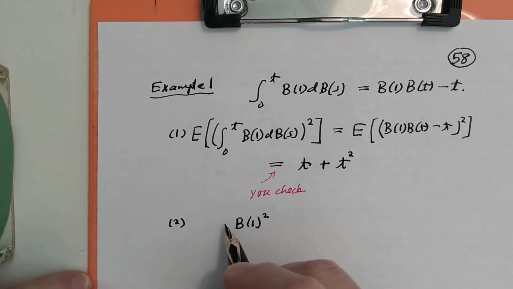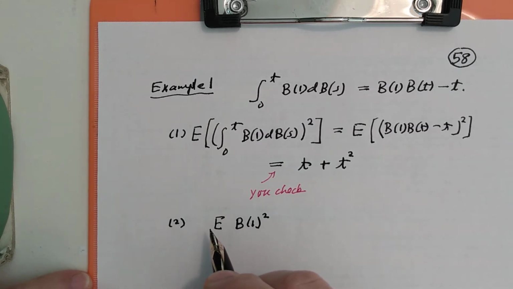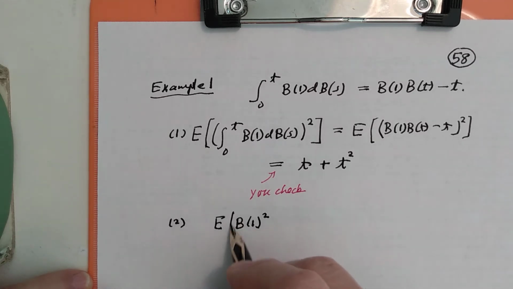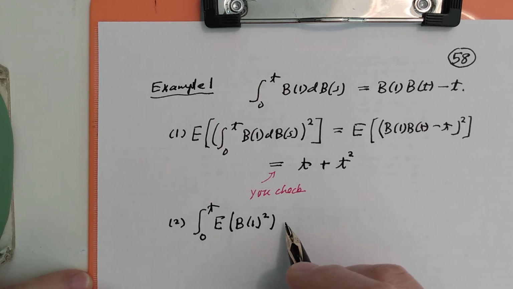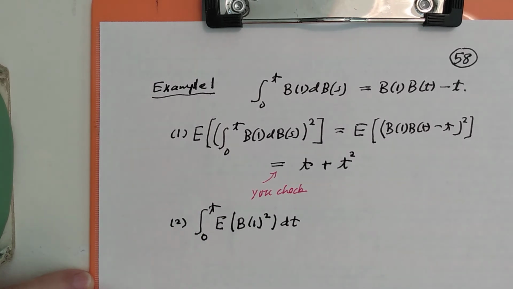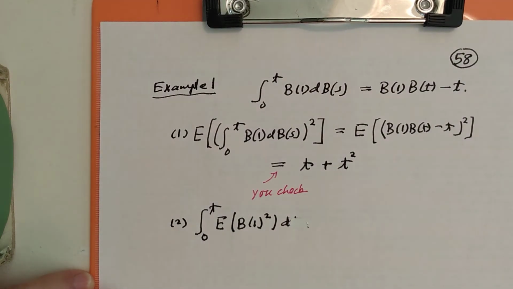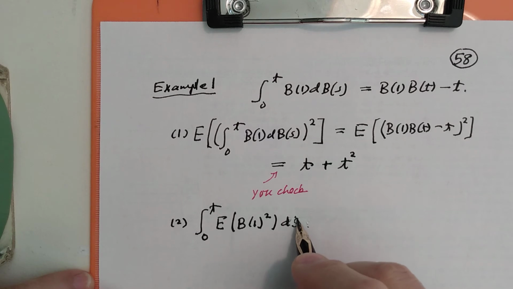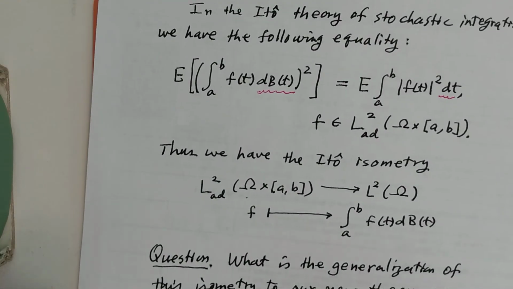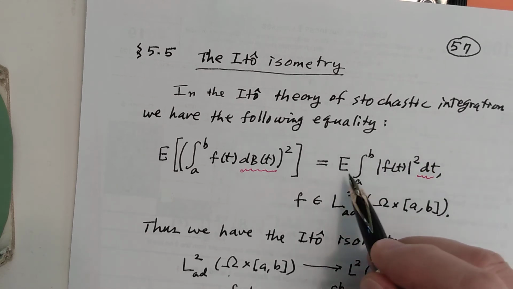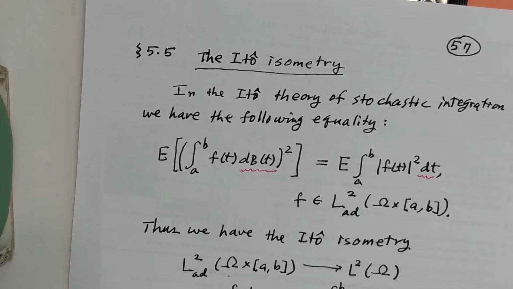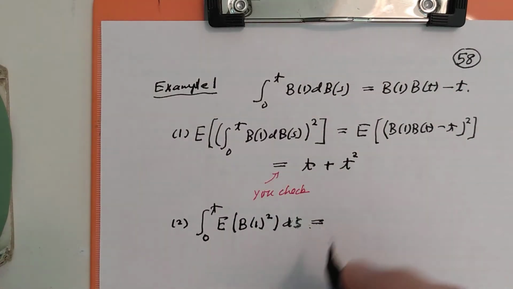If we square it, and then take the expectation, and integrate from 0 to t, ds, namely, this quantity is the right-hand side: the integrand squared, expectation, integral from a to b.